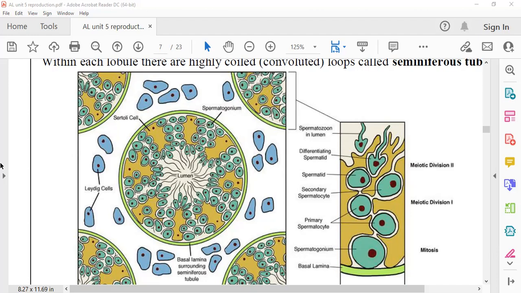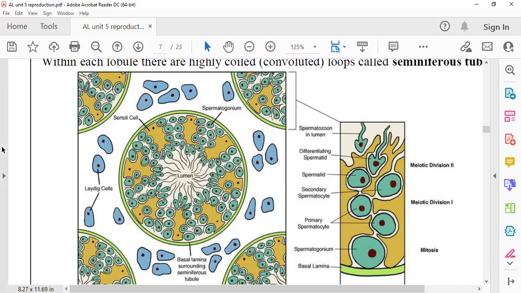In these two types of cells, which cell can undergo cell division? Germinal epithelial cell. Sertoli cells will not undergo cell division. Right?